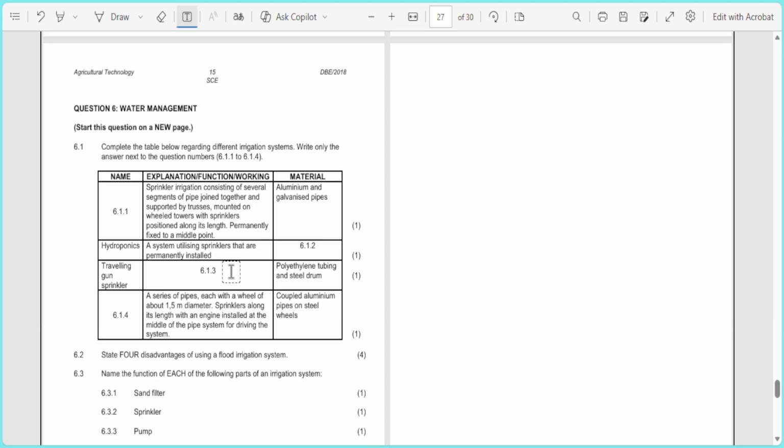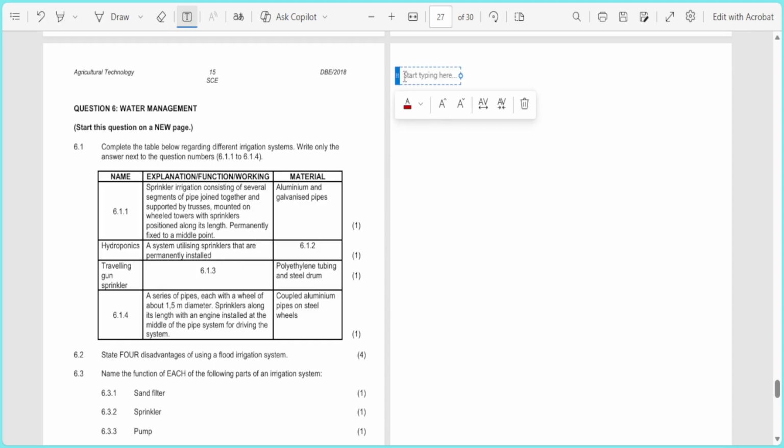For this one, let's write it here, 6.1.1. This is going to be a center pivot irrigation. Then 6.1.2.